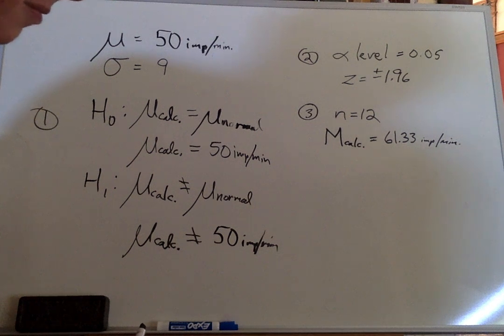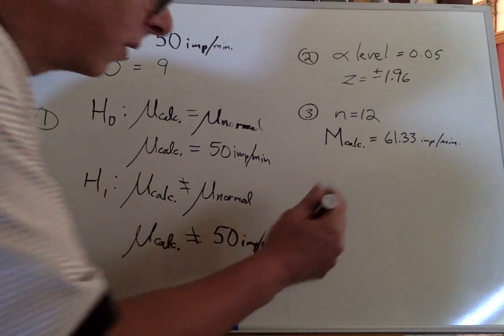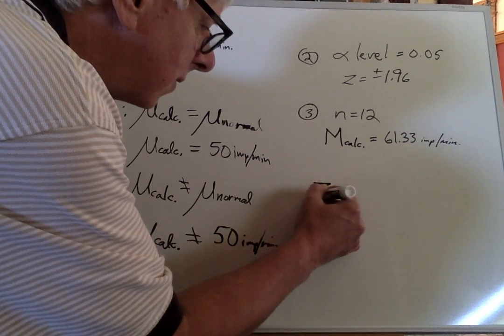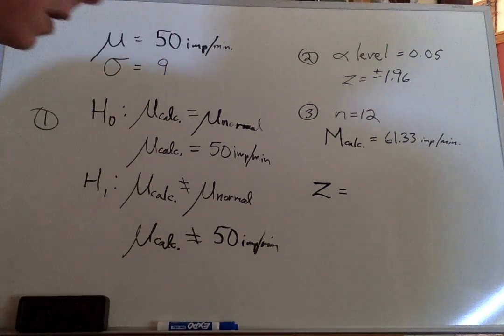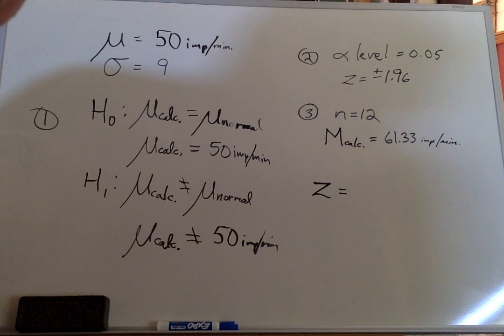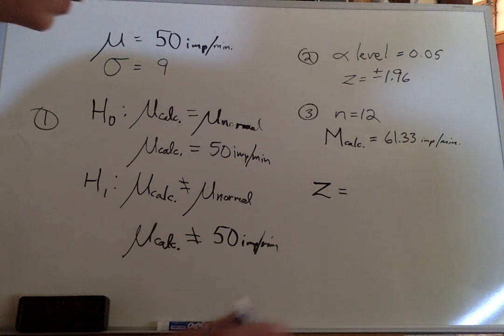Now, I'm not going to draw the curve again. If you need to see that, you can review the previous video. But we know our test statistic here is going to be a z-score. And let's remember the conceptual structure of the z-score.